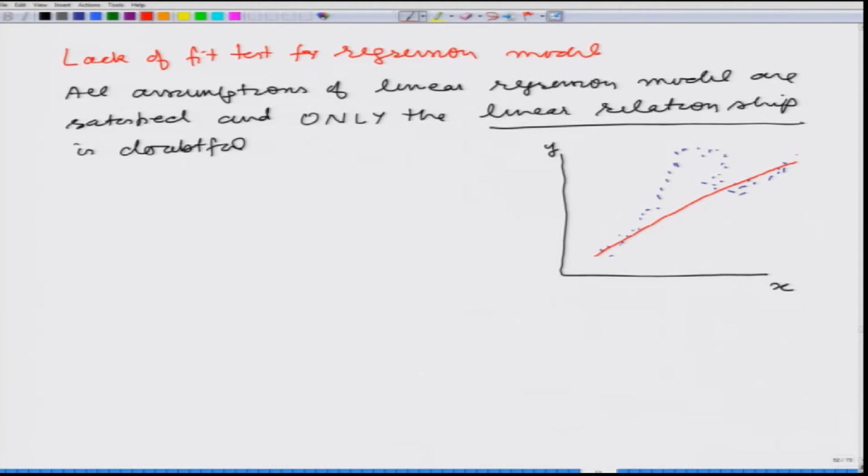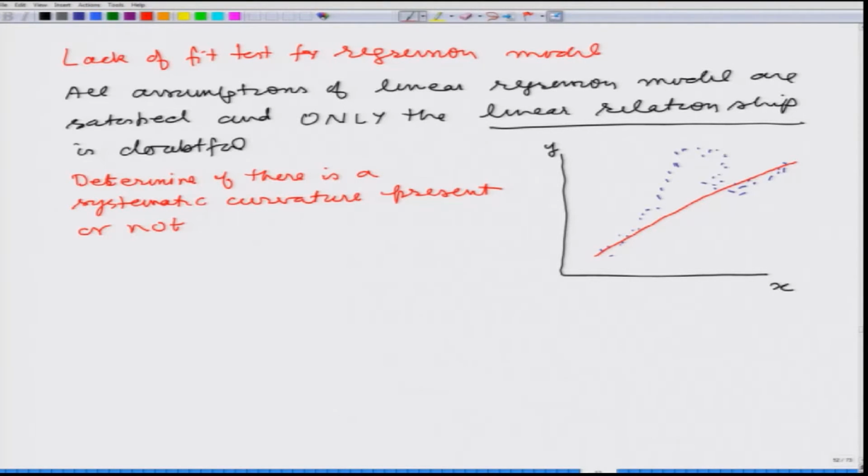In this case, we are not really confident whether a linear regression model can be fitted or not. So, our basic objective here is to determine if there is a systematic curvature present or not.